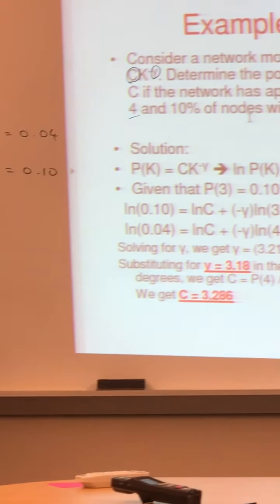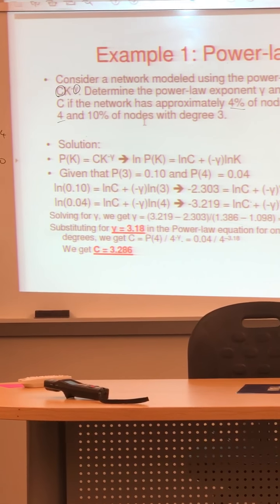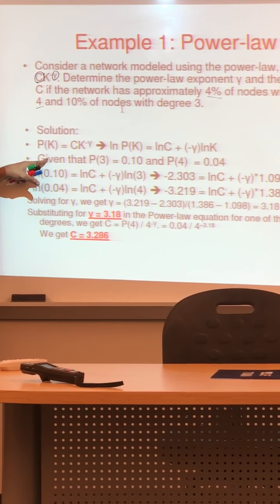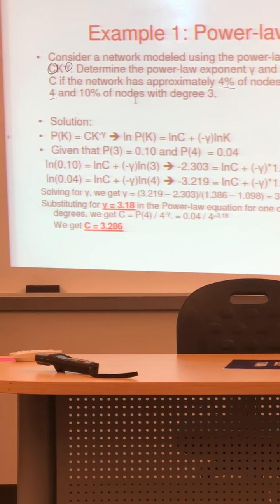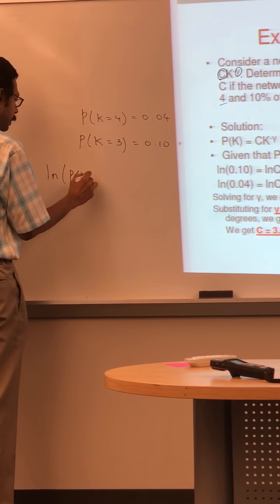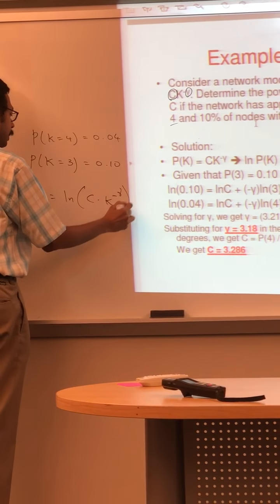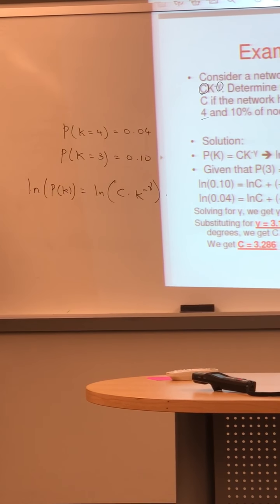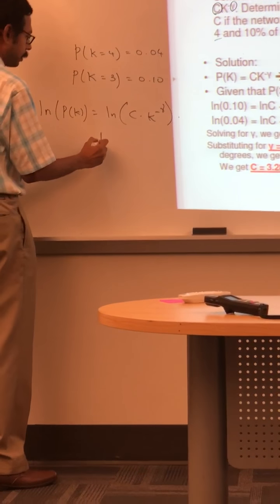How can we do this? We can write P of k equals C times k to the negative gamma. If you take logarithm on both sides, you know this, right? Log of P of k equals log of C times k to the negative gamma. When you have the logarithm of A times P, it is log of A plus log of P. So we can apply that property.